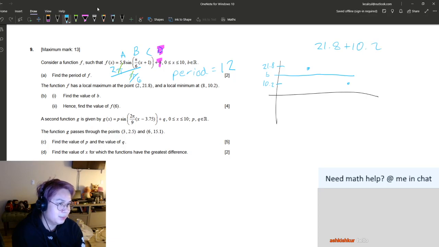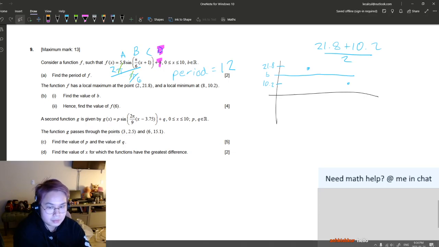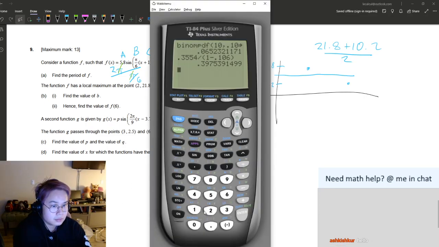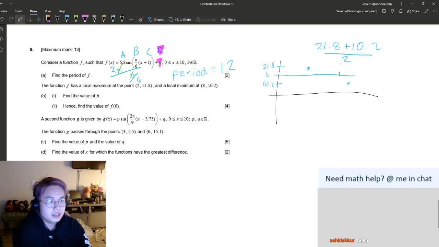You just add the upper and lower boundaries and divide this by 2. Oh, it adds to 32. That's nice of them. So 16. So now I know that this is 16. So hence the value of b is 16.